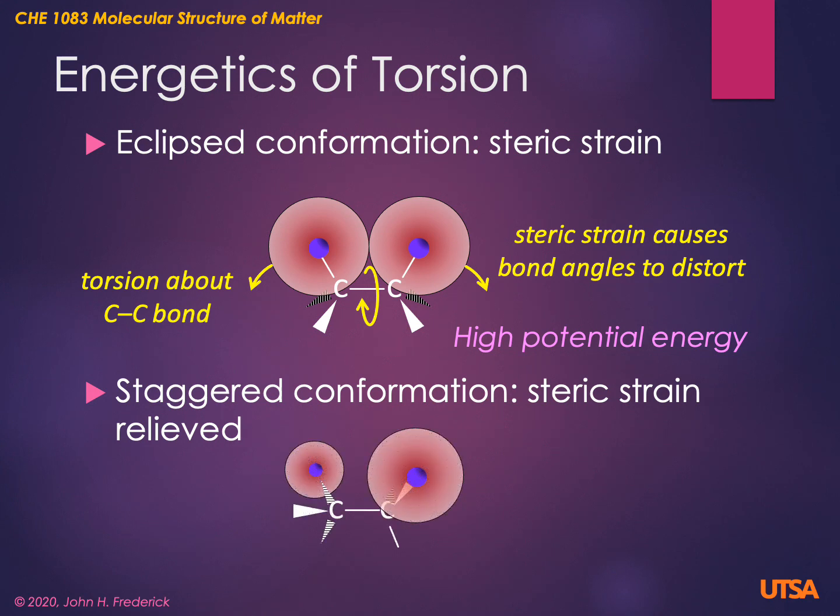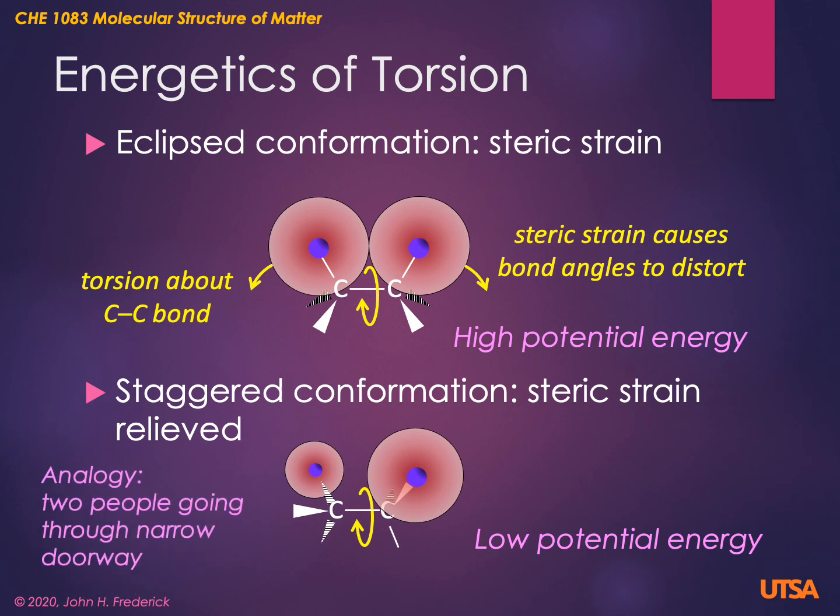So we see this in a perspective diagram where those two atoms are no longer bumping right up against each other, and they can have more normal bond angles relative to the VSEPR model. This has happened because we've twisted about that carbon-carbon single bond, and it's led to a lower potential energy conformation. So this gives us a clue as to how we can think about torsional energies as we change the torsional angle between the two carbons.